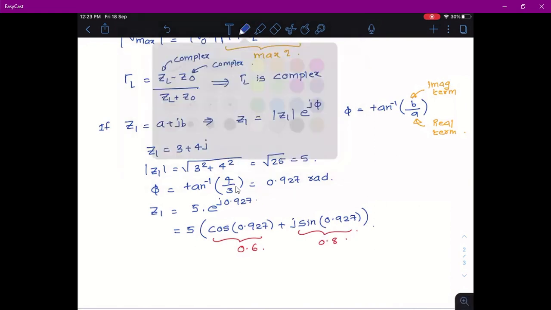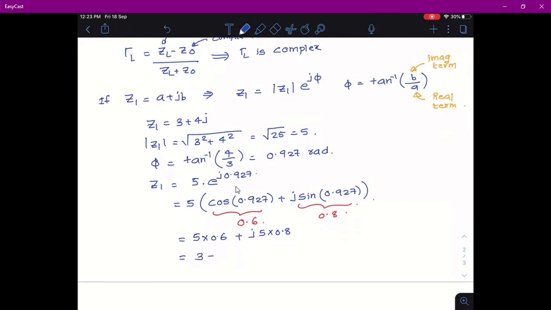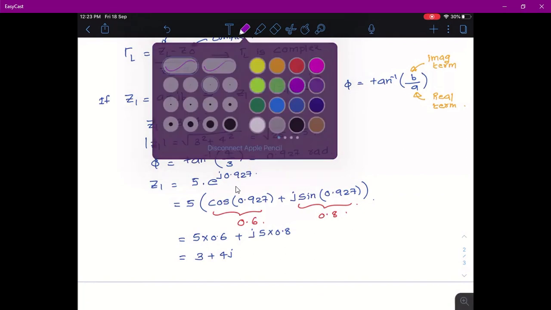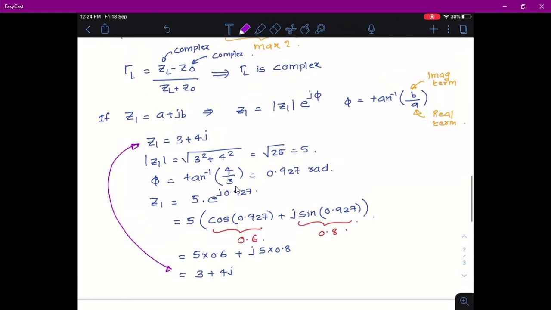So, if you multiply, this is 5 multiplied by 0.6 plus j 5 multiplied by 0.8. This is 3 plus 4j, which gives you the result we started with. Okay.